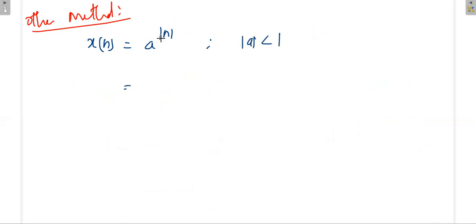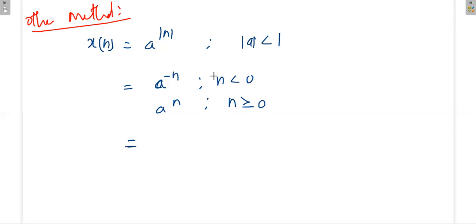The same thing we can split up like this. Whenever A power mod n is there, it is A power minus n when n is less than 0, and A power plus n when n is greater than or equal to 0. Now I'm going to write the same mathematical term in terms of equations with known signals.